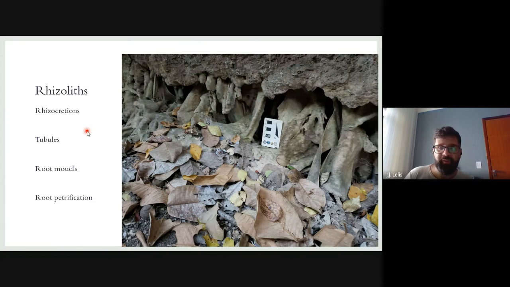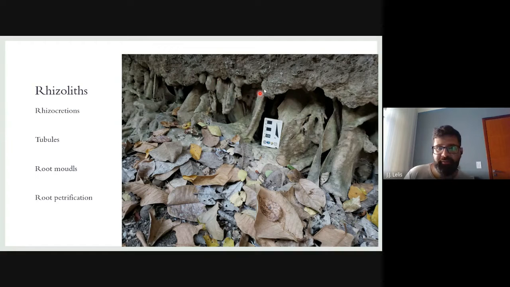The rhizoliths express the action of roots in the past, and they can be seen as rhizoconcretions, like in this picture. We can see here and here, and here and here we can see a broken rhizoconcretion.